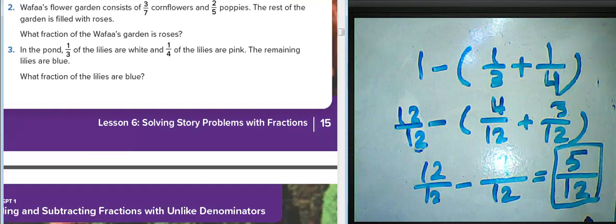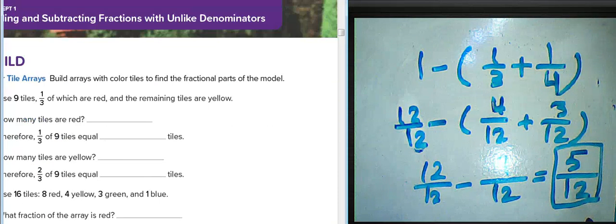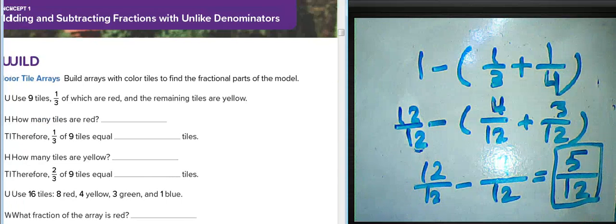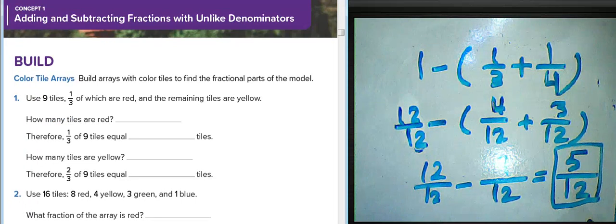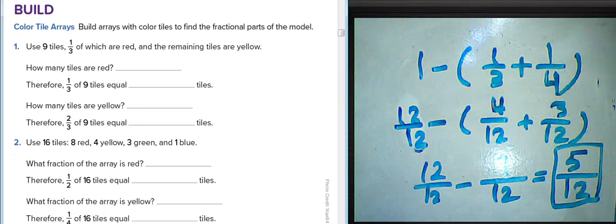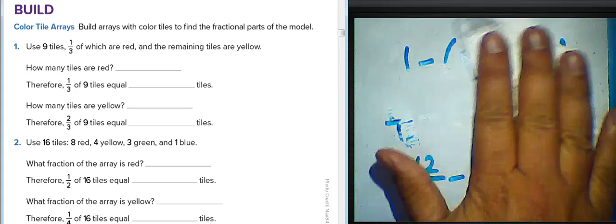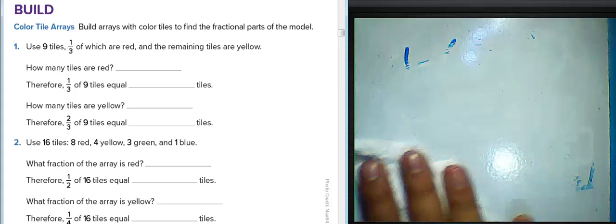Okay, next page here. Look with me at question number 1 here. Color tiles: use the repaired area with color tiles to find the fractional parts of the model. Use 9 tiles, a third of which are red and the remaining tiles are yellow.